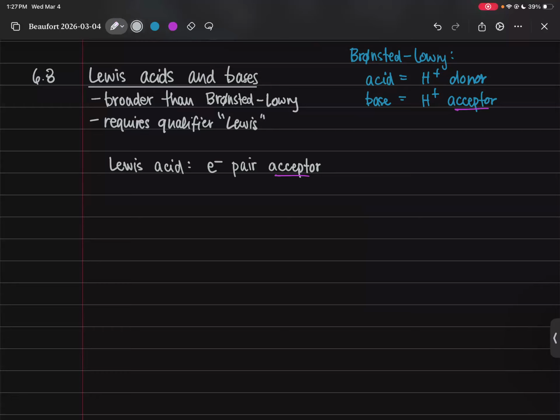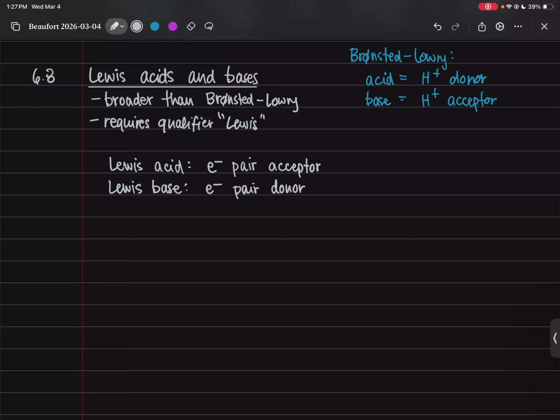That's something you've got to be careful with. And a Lewis base is an electron pair donor.